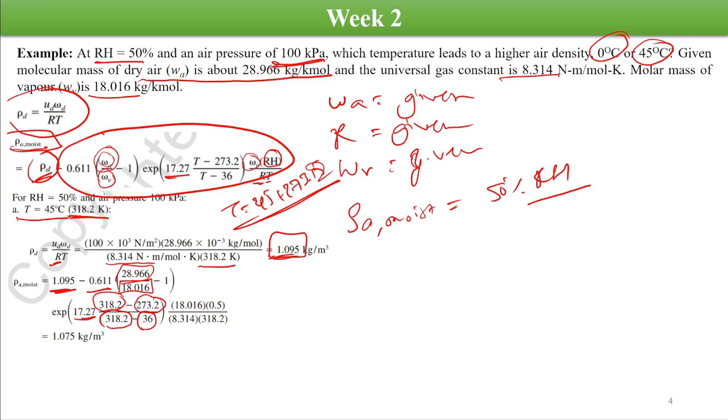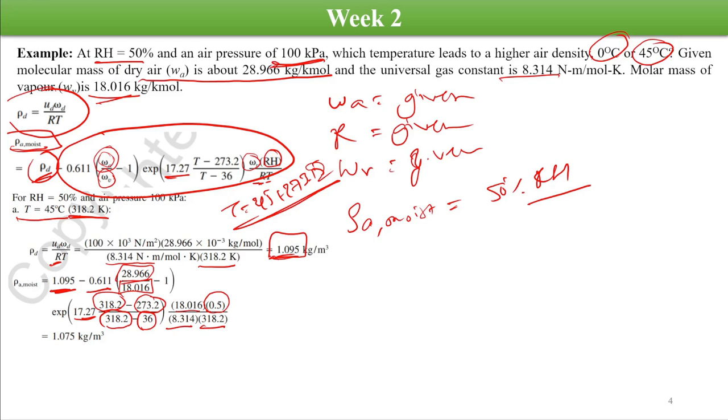The other term is WV, again the molar mass of the vapor, which is 18.016, multiplied by relative humidity 50%, or 0.5 in fraction. The R value, the universal gas constant, is 8.314, multiplied by the temperature again, 318.2 Kelvin.